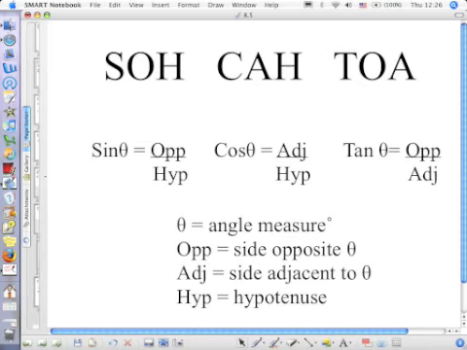It's a Greek symbol, and it represents an angle measure. We will never use the 90-degree angle as theta. It's always going to be one of the others, one of the two acute angles. Opposite represents the side that is opposite theta. Adjacent represents the side adjacent to theta. And the hypotenuse is always the hypotenuse, and only the hypotenuse.